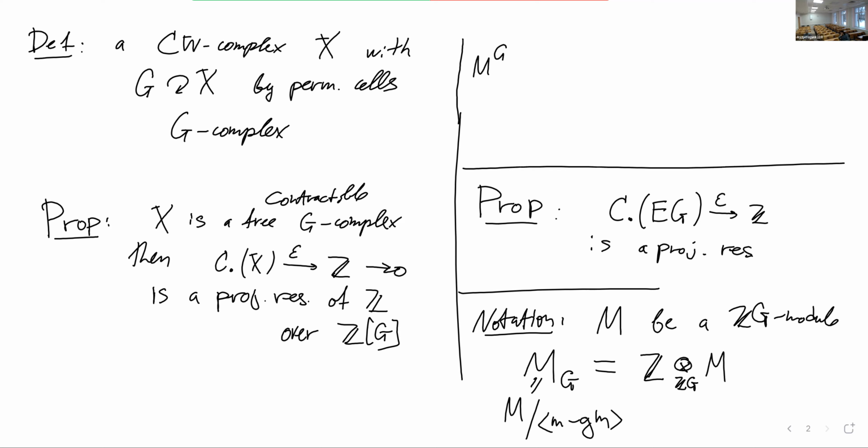Instead of the tensor product, we take the Hom, over ZG or over G, which is the same, from Z to M. Equivalently, this is the submodule of M spanned by the m such that gm is m.